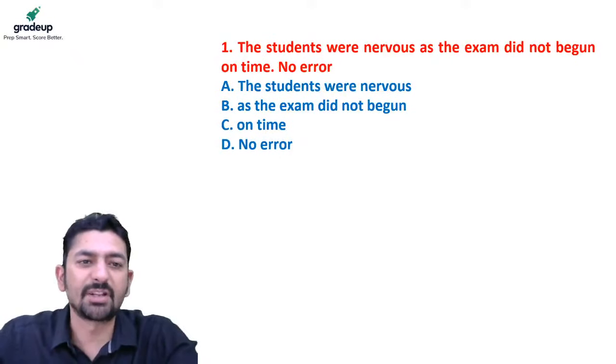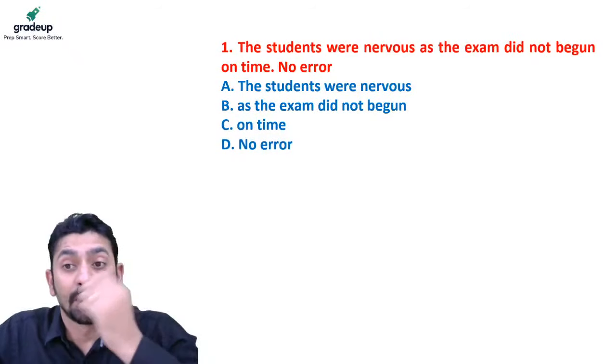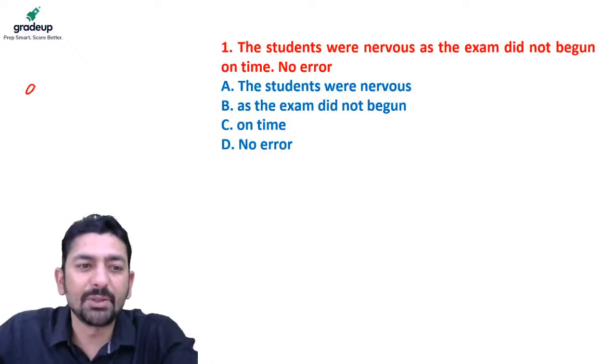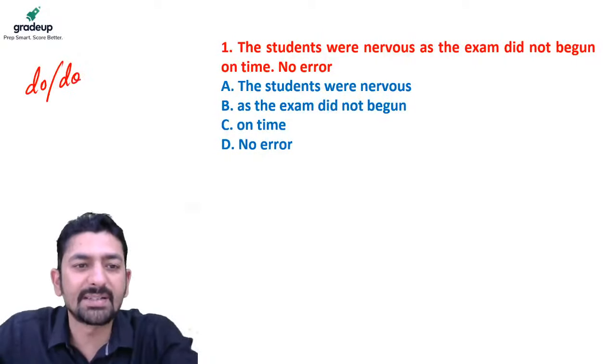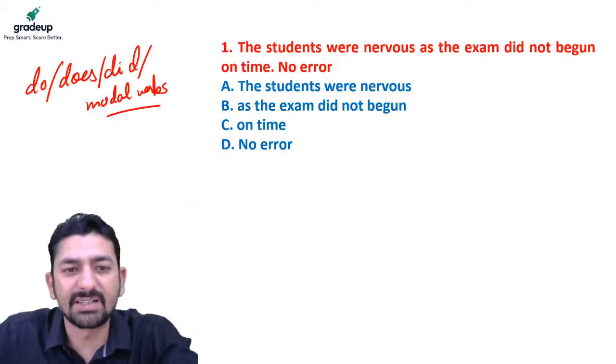All right, absolutely, guys. Let me tell you the difference here. Always remember, whenever you have do, does, did, or any of the modal verbs, after this you should always put the first form of the verb only.